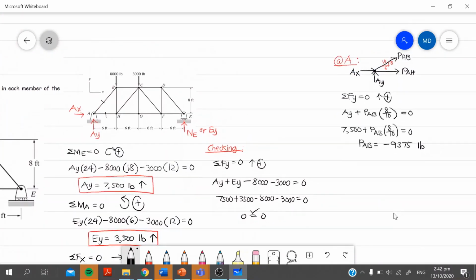So, ang force AB away from the joint, so inassume ko na tension, si force AH away from the joint, inassume ko na tension. But then, we found out na ang force AB pala is hindi. Kasi negative yung answer. So, hindi pala siya tension as compared to our assumption.